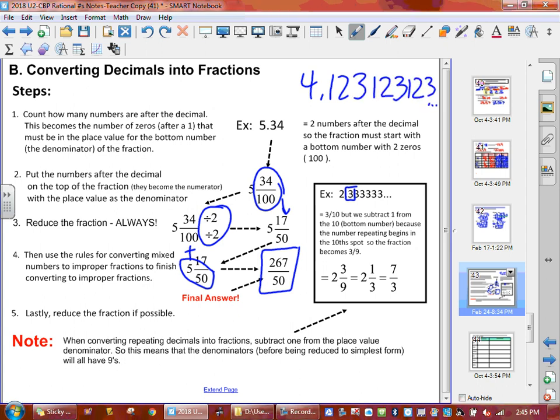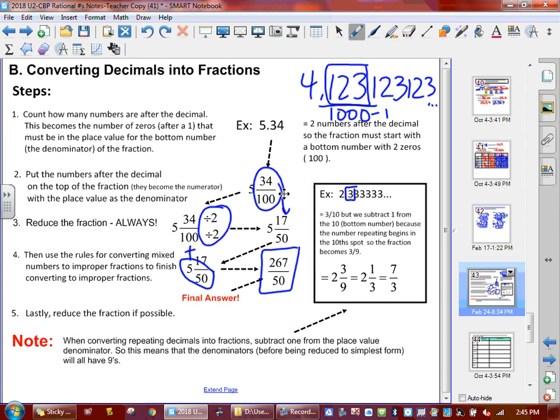So these guys right here, 3 numbers after the decimal, that should have 3 zeros on the bottom. But because it's a repeating number, we would subtract 1. So that would be over 999. Whereas this guy here, he's over 9, because only one digit repeats, and we take the smallest place value.